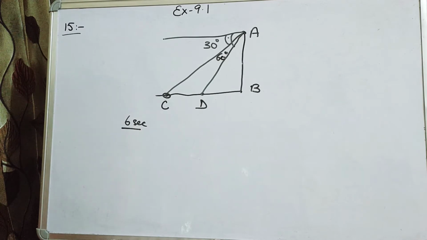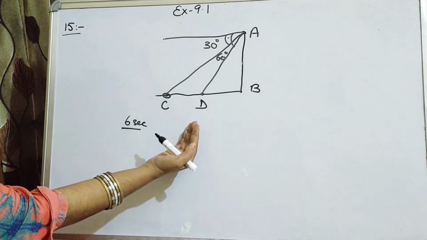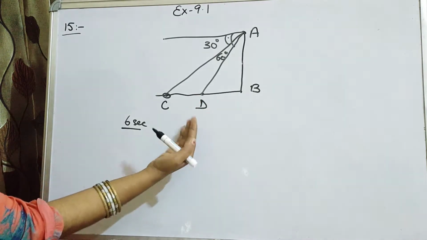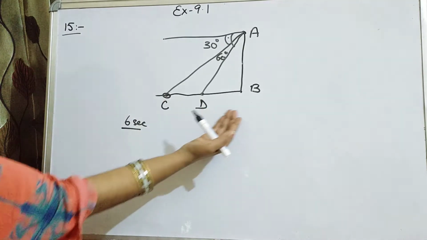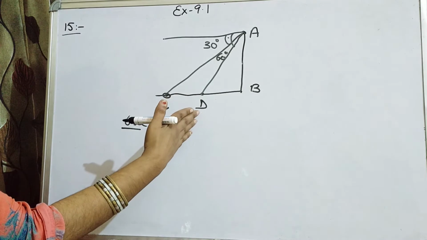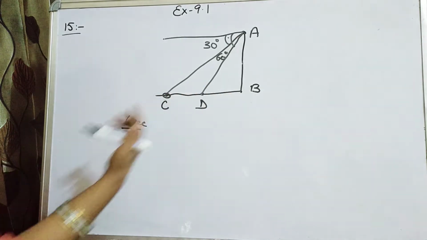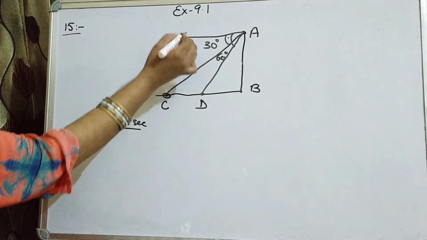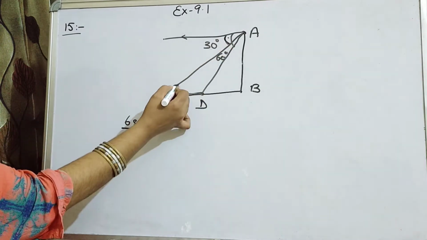And we have to find the time taken by the car to reach the foot of the tower from point D. That means we have to find the time the car takes to go from point D to point B. We know that this is a horizontal, the level ground, so this angle must be equal to this angle.